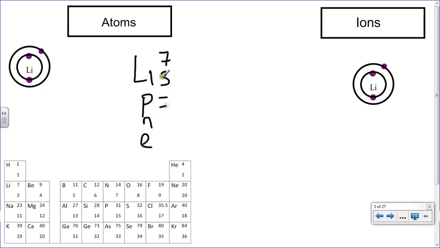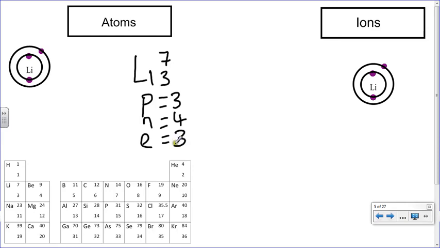It has 3 protons, so that equals the bottom number. The number of neutrons we get from taking the atomic number away from the atomic mass, so it has 4 neutrons. And then the electrons, we can work out that it must have 3. Because if an atom is neutral overall and it has 3 positive protons, it must have 3 negative electrons.